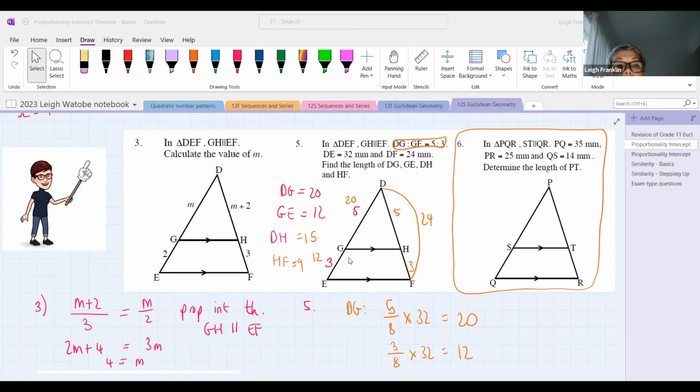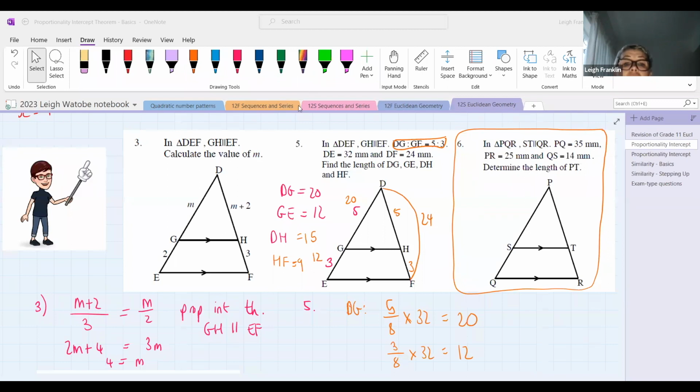Ma'am, can I ask? Yes, Kakleho, go for it. Ma'am, you see number 5, they say DG is to GE equals 5 is to 3. What if I added 5 and 3, and it will give me the equal parts that they divided DG into?